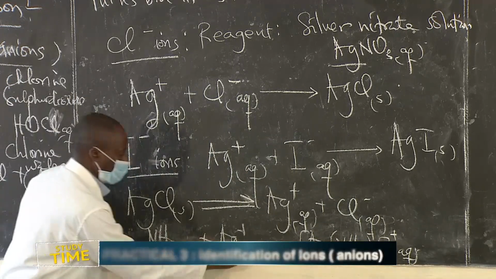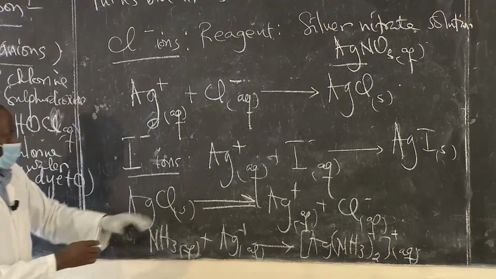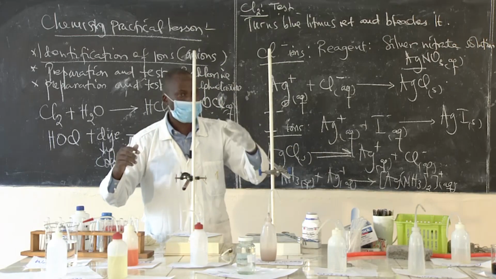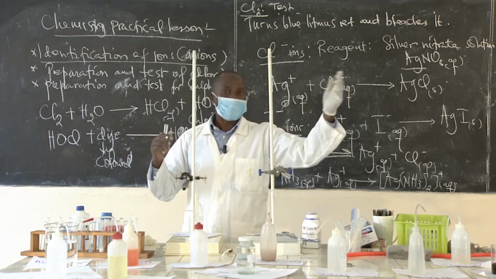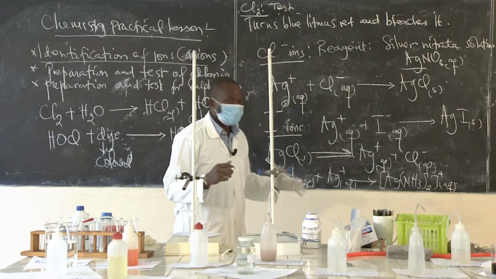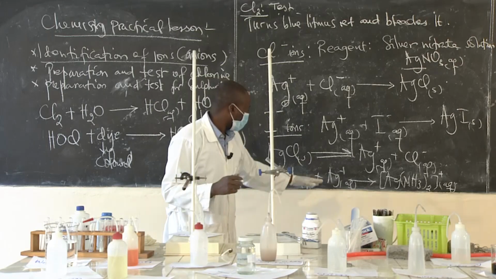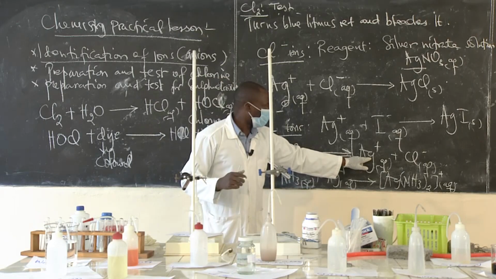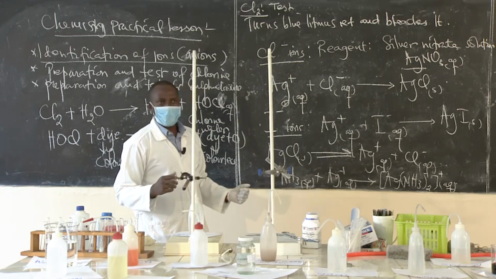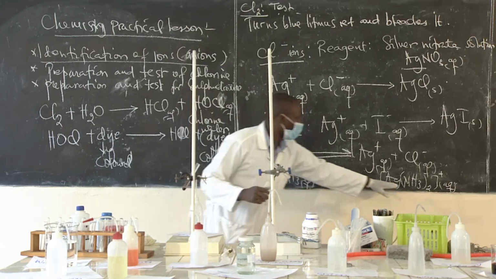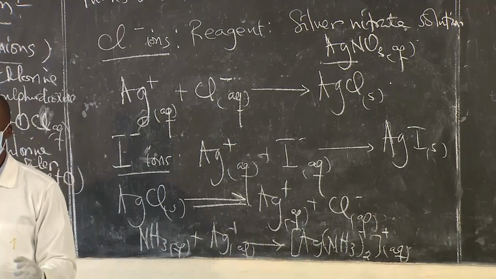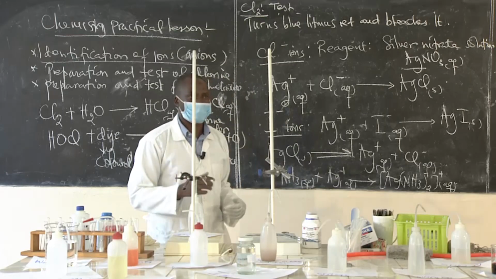What happens here is that this equilibrium will be destabilized. Formation of complexes, I'm just talking to A levels this time, maybe not very important but you'll still come to it. Here, the silver ions are removed by the ammonia solution to form this complex. And if these ions are removed, the equilibrium will no longer be stable.